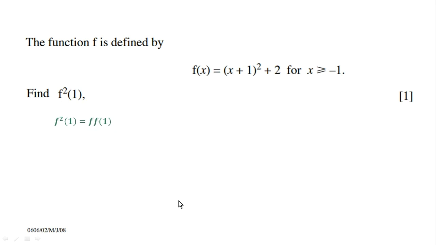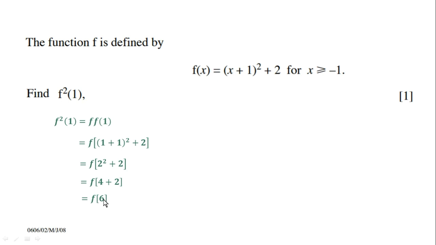Thus, it will give me f of (1 plus 1) squared plus 2. And 1 plus 1 is 2, so it will be f of 2 squared plus 2. 2 squared is 4, so 4 plus 2, and then f of 6. Thus, I am going to evaluate f of 6.